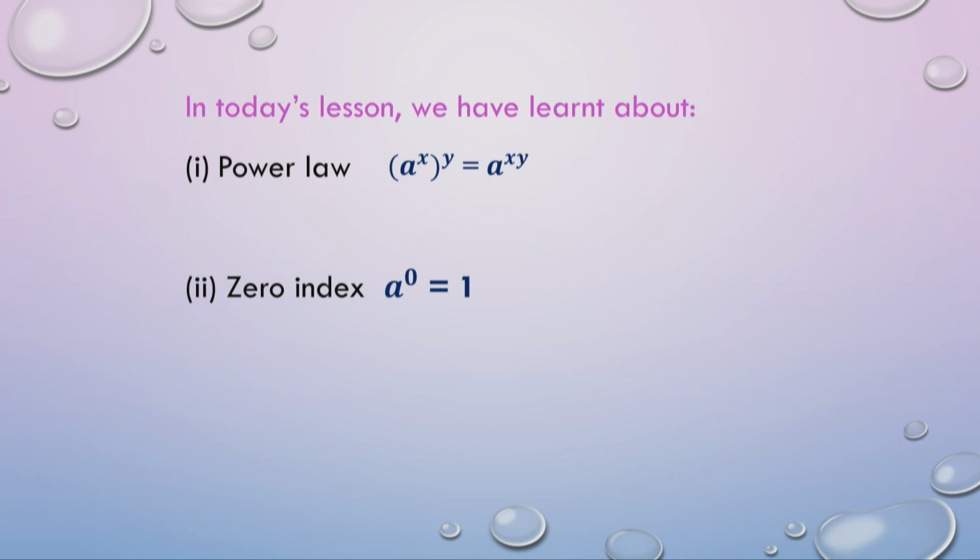So any number raised to the power of 0 will give me 1 except 0.